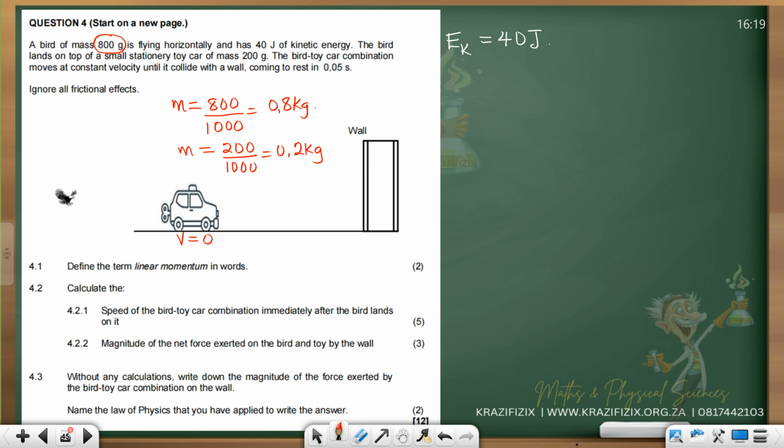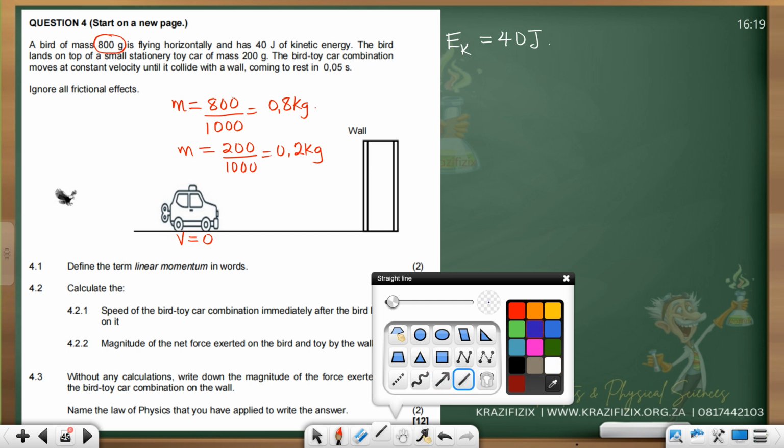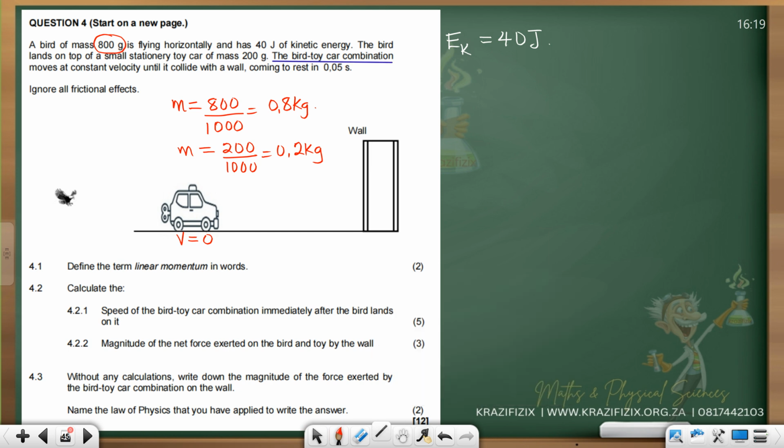If you notice, I'm quite slow. Why? I want us to get into the story of the question before we start calculating, because we must know what we are doing. Now, the bird toy car combination, please check that. The bird and the car combination moves at a constant velocity until it collides with the wall, coming to rest in 0.05 seconds.